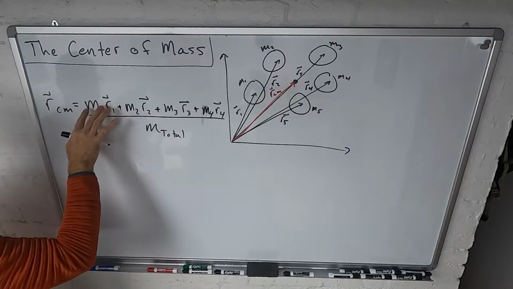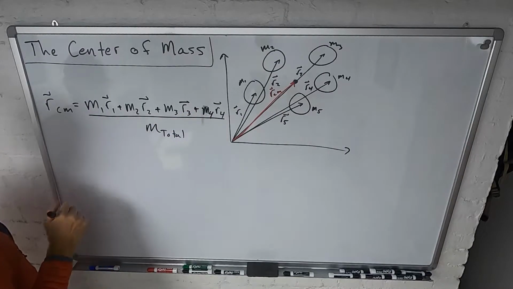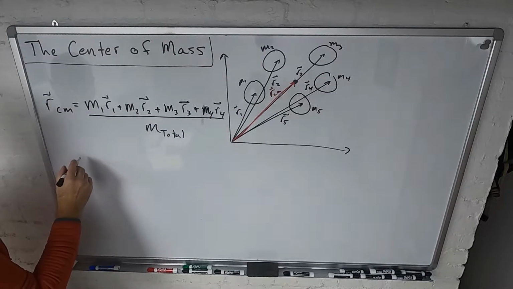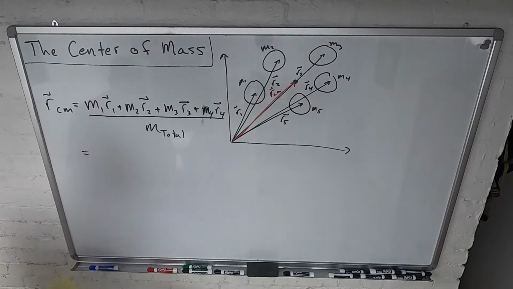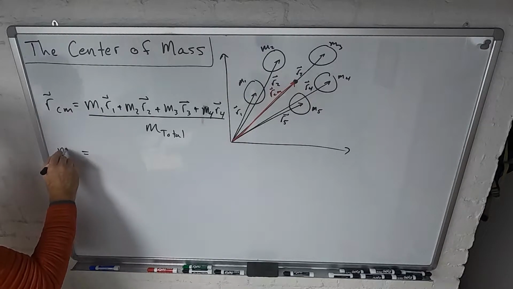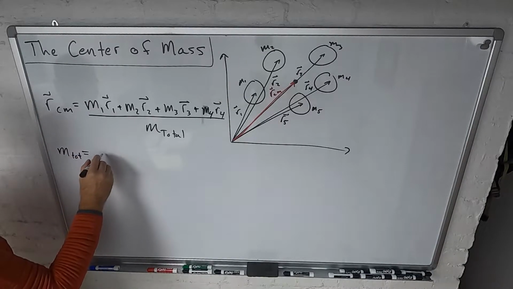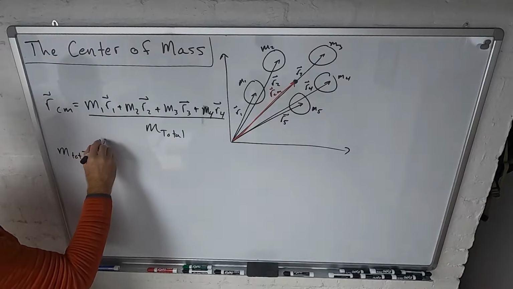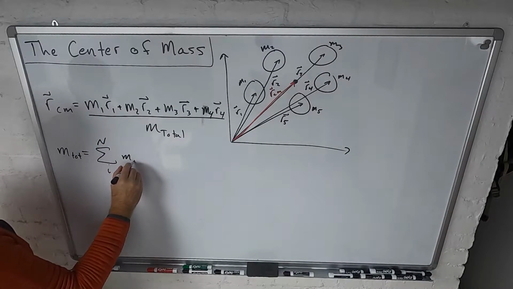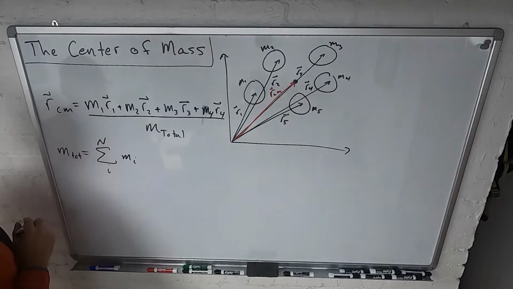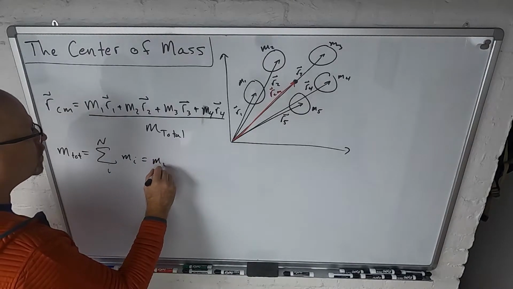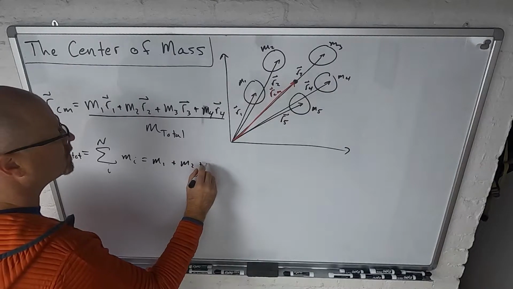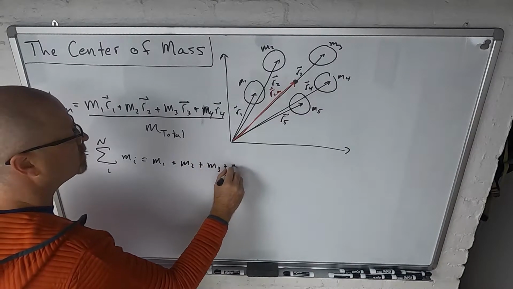Each one of these divides by the total mass, which means that I have this as, so M total is the sum over i to n of all of my masses, which in this case is M1 plus M2 plus M3 plus M4.